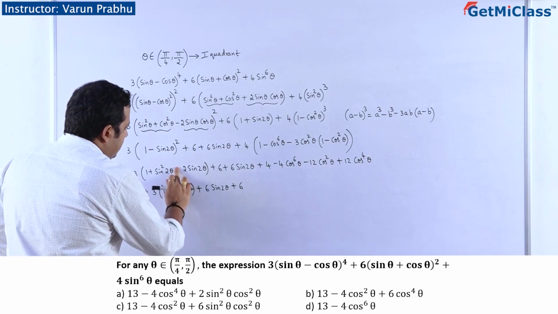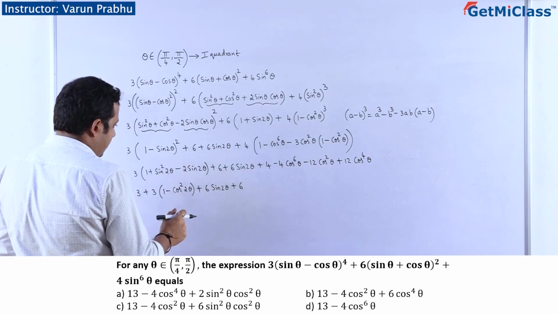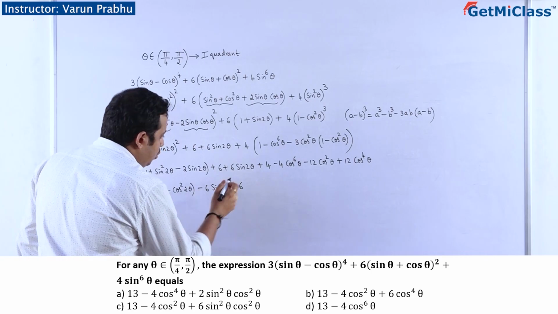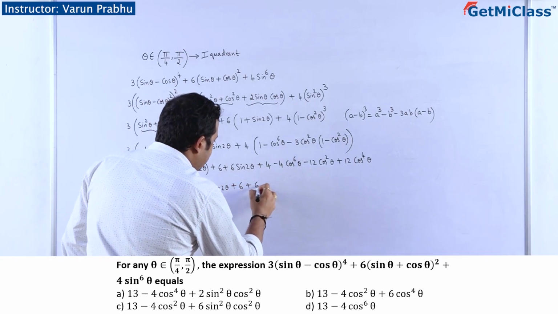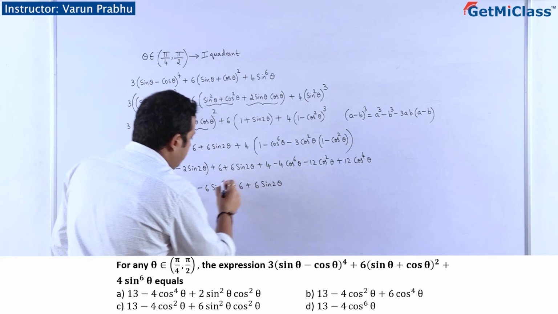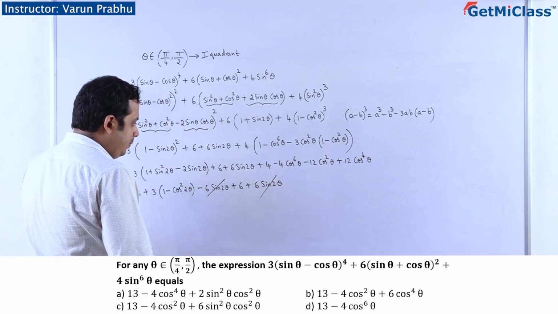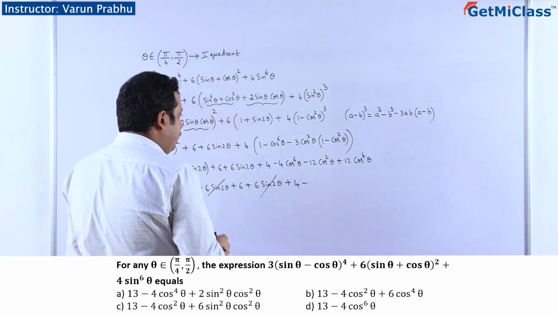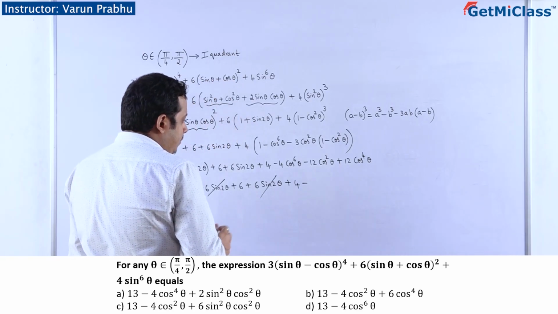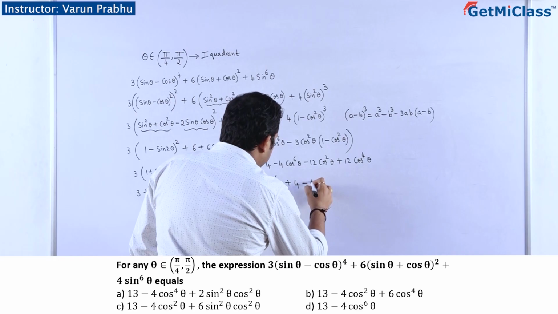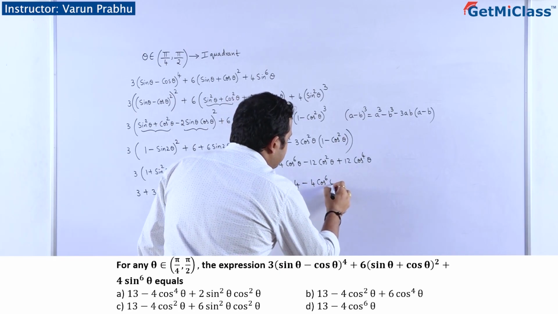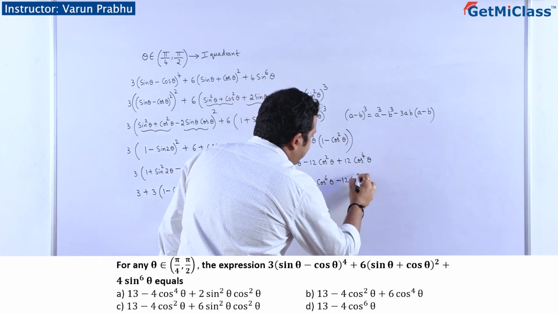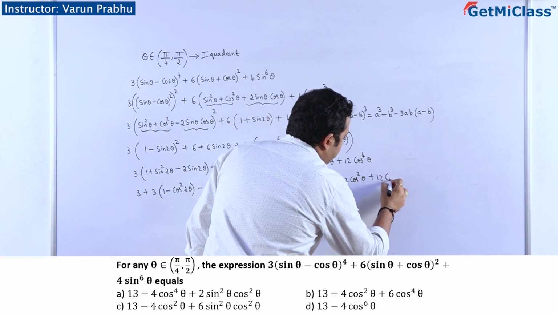This is minus, right? Here this is minus. So minus 6 sin 2 theta plus 6 sin 2 theta, these two terms will get cancelled, right? Plus 4 minus of 4 cos to the power 6 theta minus 12 cos squared theta plus 12 cos to the power 4 theta.